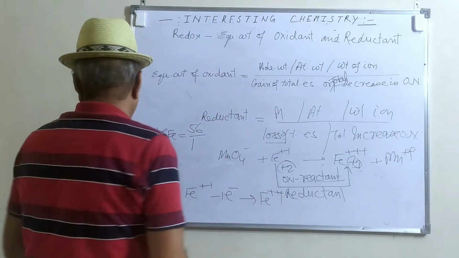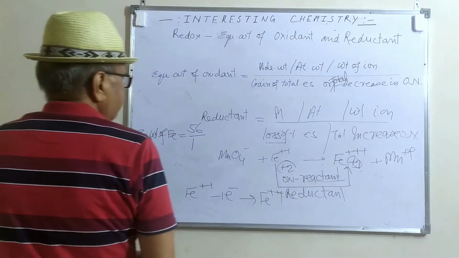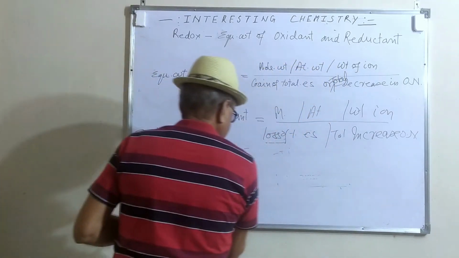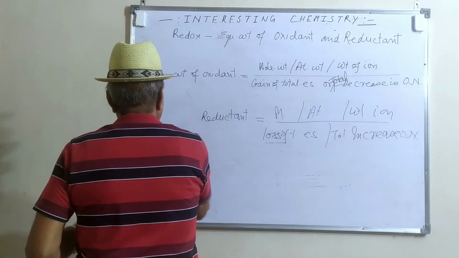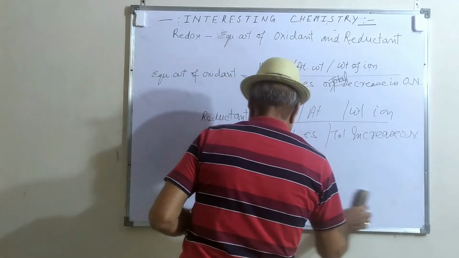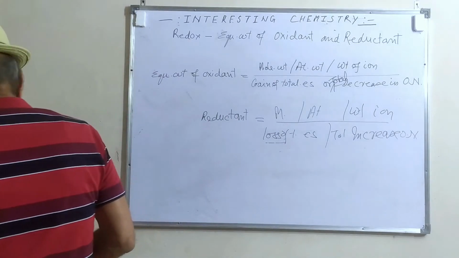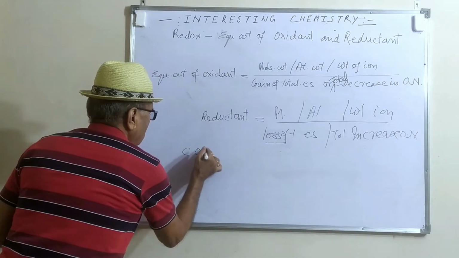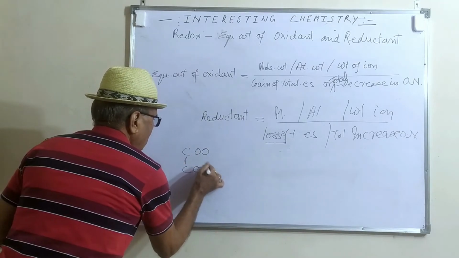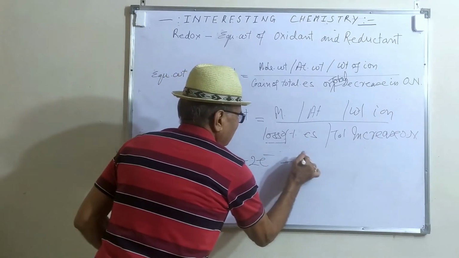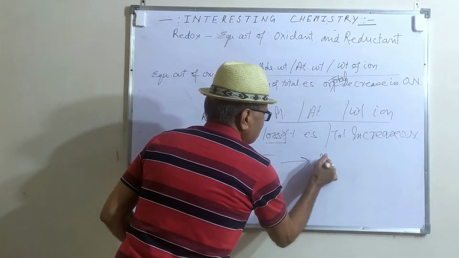Now I am going to tell you about the second example, the oxalate ion. How will you calculate it? The oxalate ion, C2O4 2 negative, minus 2 electrons gives 2 CO2.